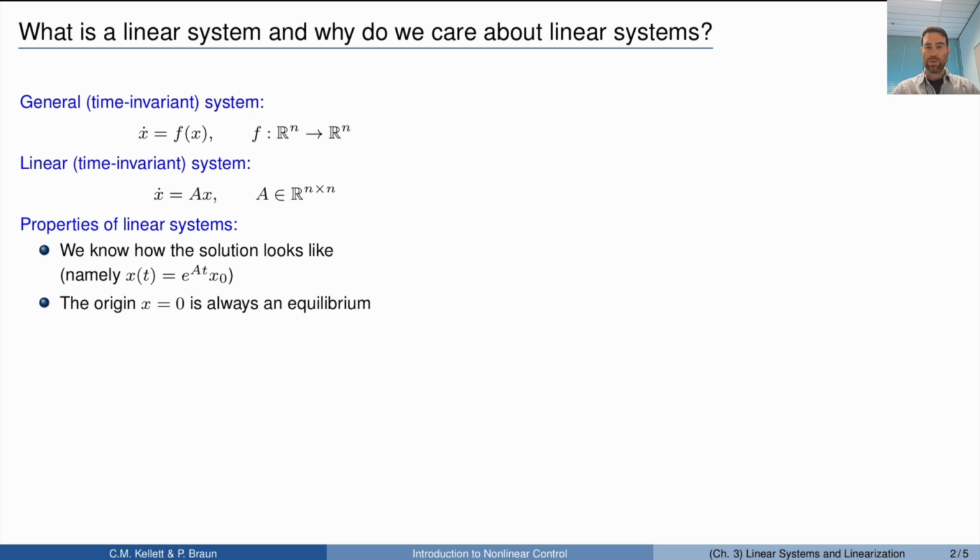Additionally, what we've looked at in the previous talk was equilibria and properties of equilibria. For linear systems, the origin is always an equilibrium.